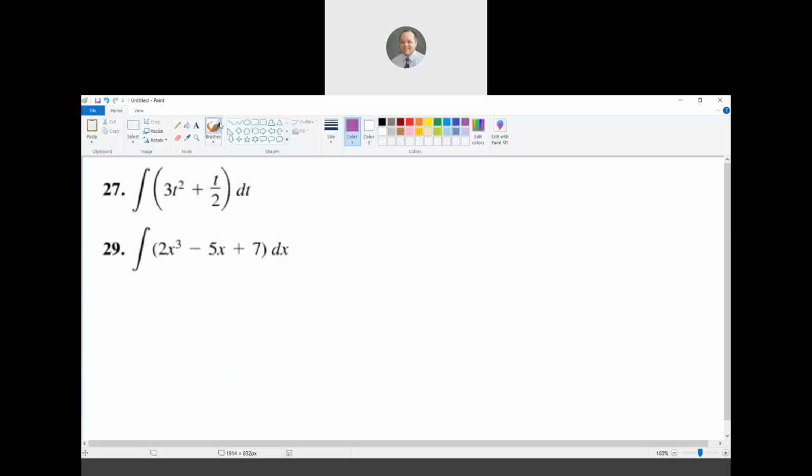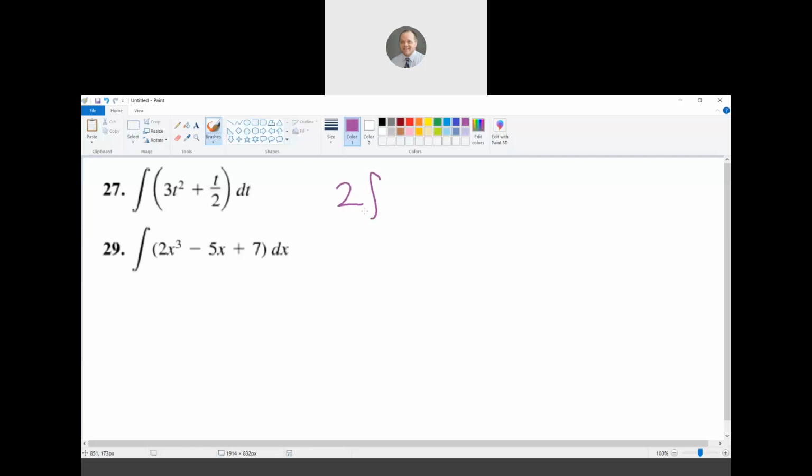And this is not required, but it helps until you familiarize yourself with integrals. Because I have 3 terms, I'm going to split my problem into 3 integrals, and as I'm doing that, just moving any constants outside.